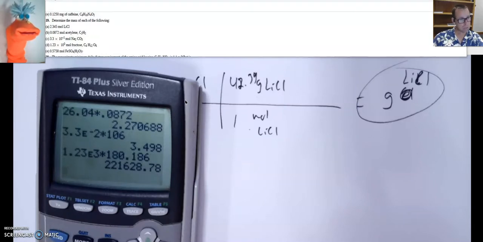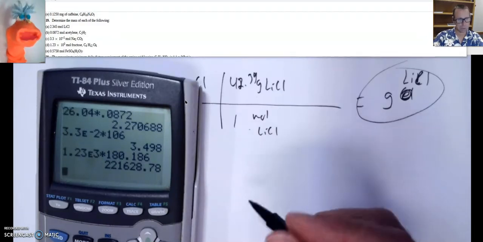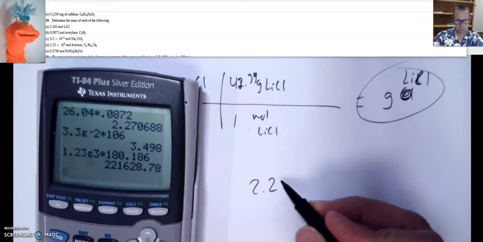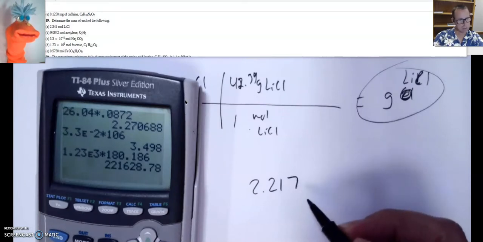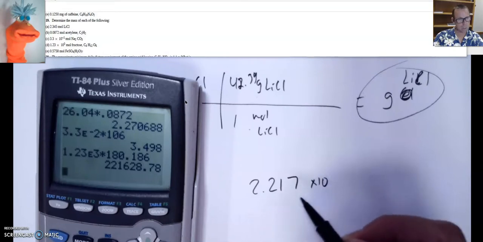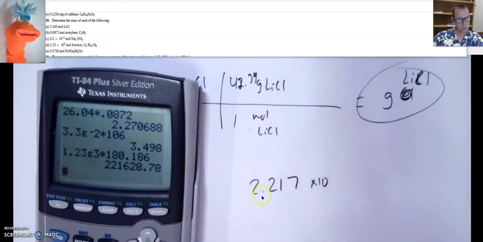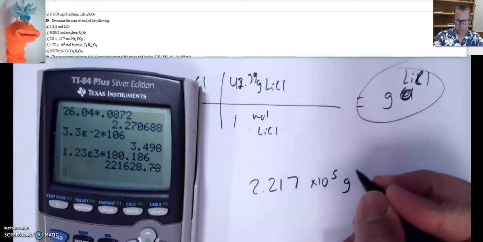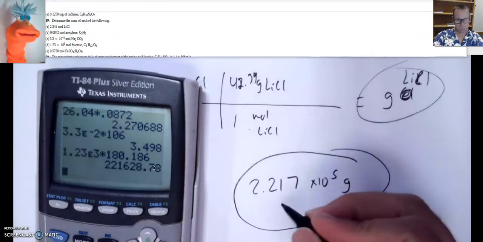Oh, 4 significant digits. So 221,600 grams of fructose. What's that in scientific notation? That's a good point. We want 4 significant digits, 2.217 times 10 to the, I want 1, 2, 3, 4, 5, and that's grams of my fructose.